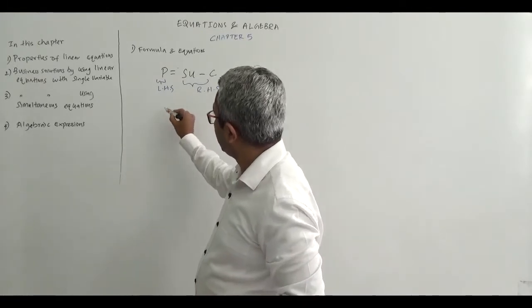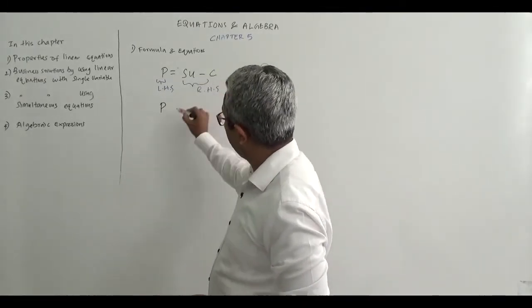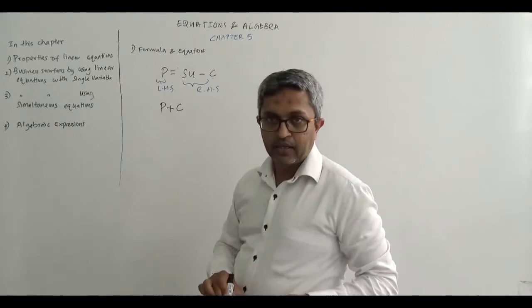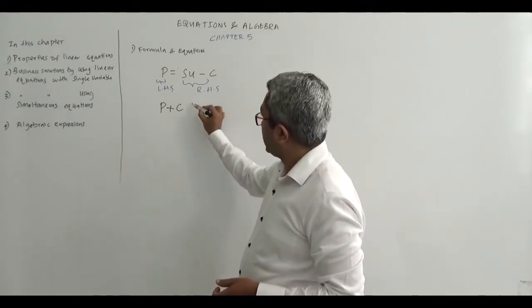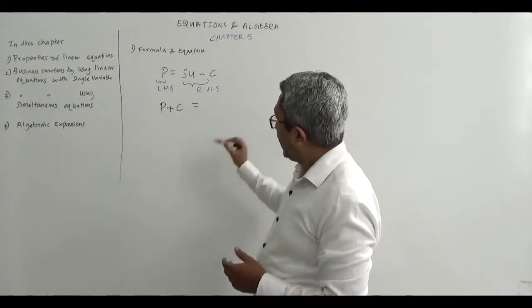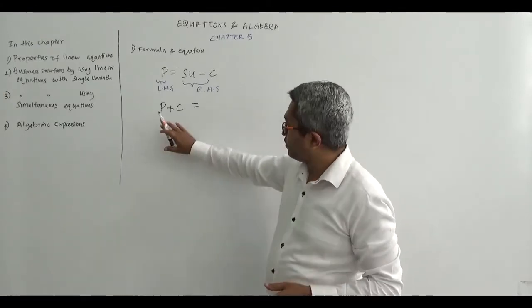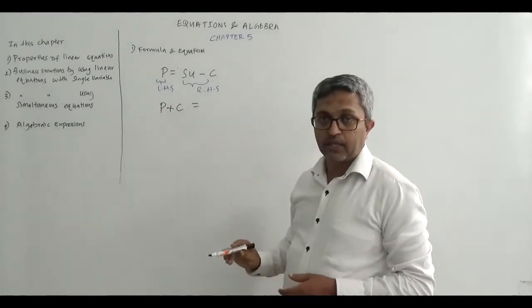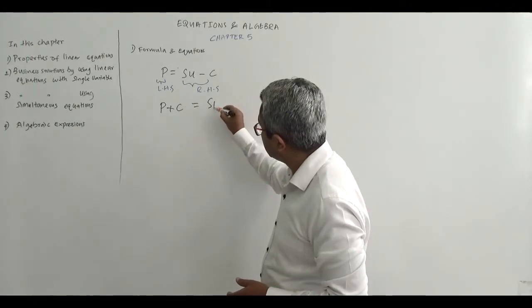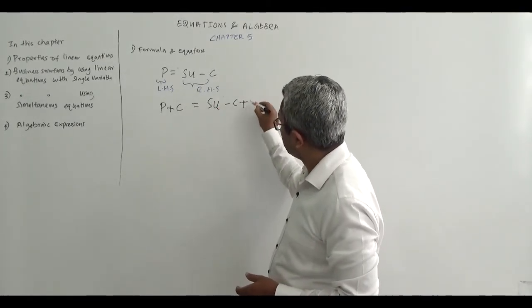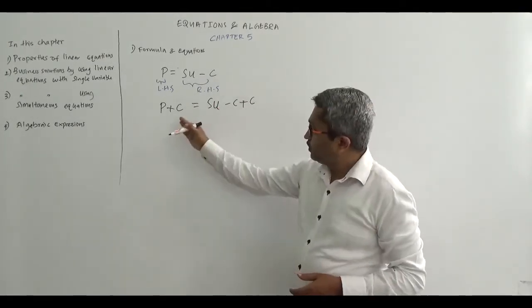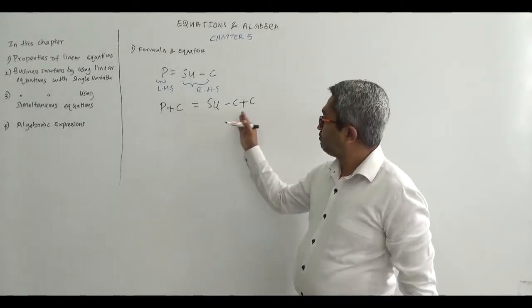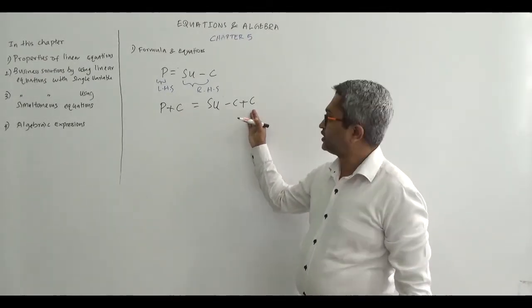For example, I want to add a C to P here, right? I cannot keep quiet after just adding, because I have changed the balance of the equation. So I have to do the same thing on the right hand side also. The balance is the same, plus C added on both sides.